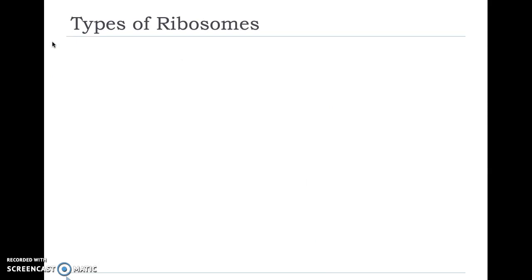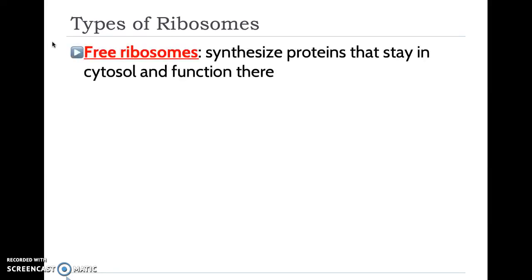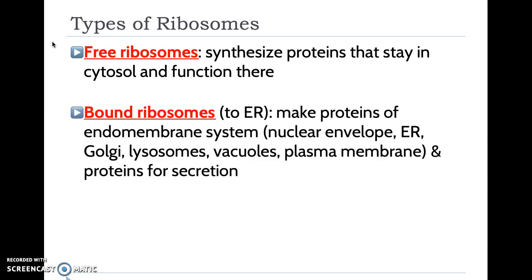To recap from one of the old chapters, there are two kinds of ribosomes, and they do different jobs based on where they are. They both make proteins, but they make certain kinds of proteins depending on where they are. Free ribosomes synthesize proteins that stay in the cytosol and function there.